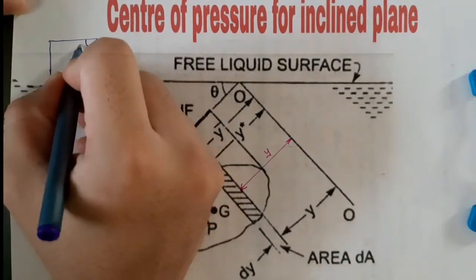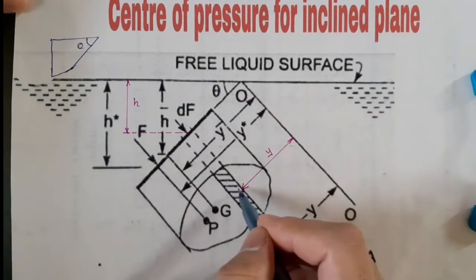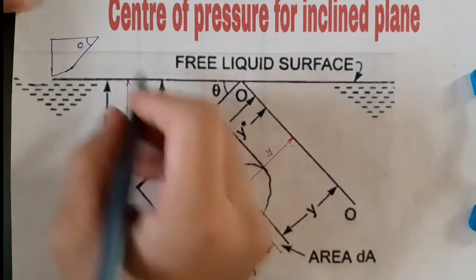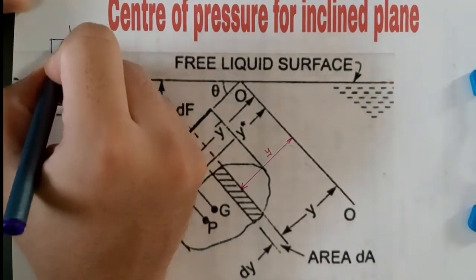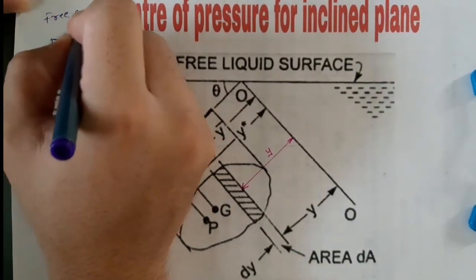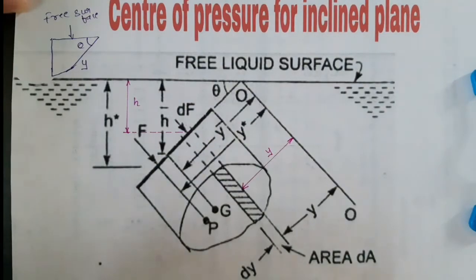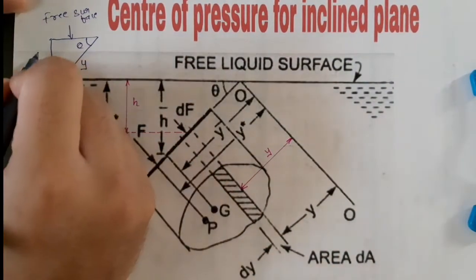This is theta, and this is y, and this is the free surface. I will write here, free surface. And this perpendicular height is h.